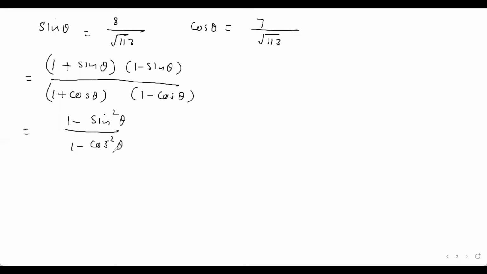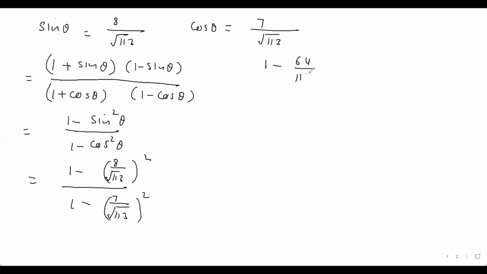Now 1 minus, what is sine theta? 8 upon root 113 whole square, upon 1 minus 7 upon root 113 whole square. That is equal to 1 minus 64 upon 113, upon 1 minus 49 upon 113.